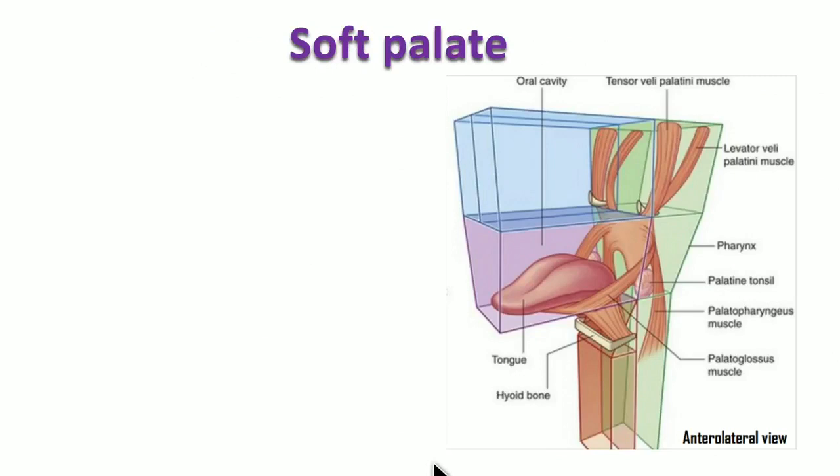Next, the soft palate: you are able to see the meeting point of three muscular slings. The first sling is above, a U-shaped sling formed by the levator veli palatini.